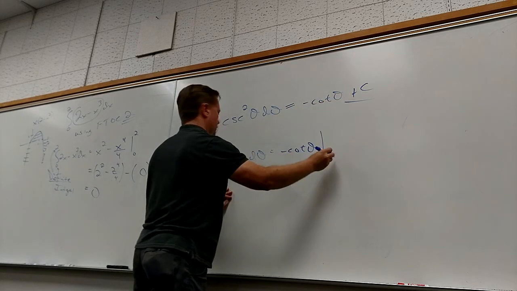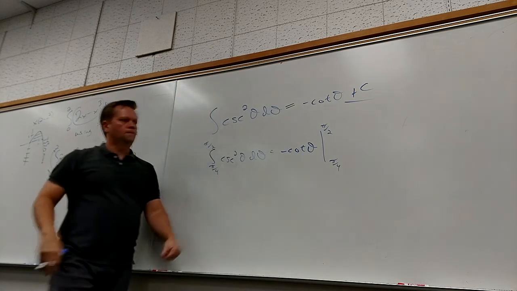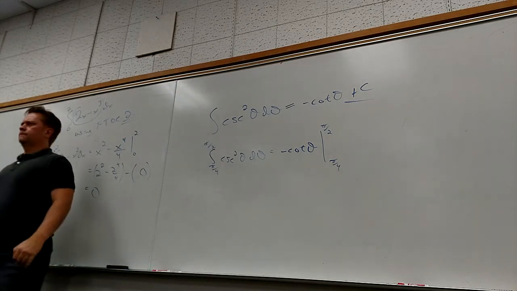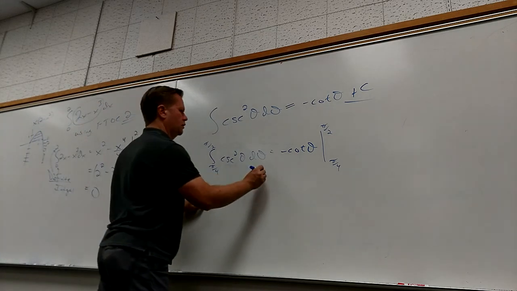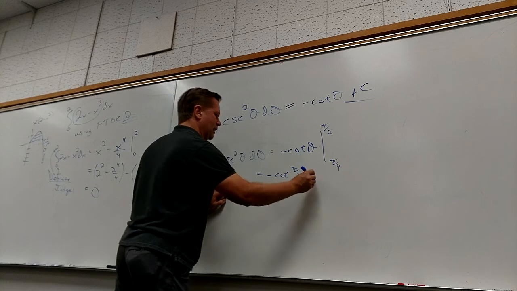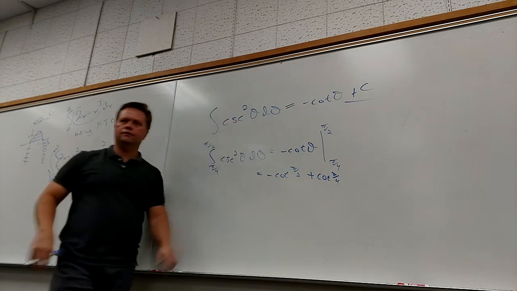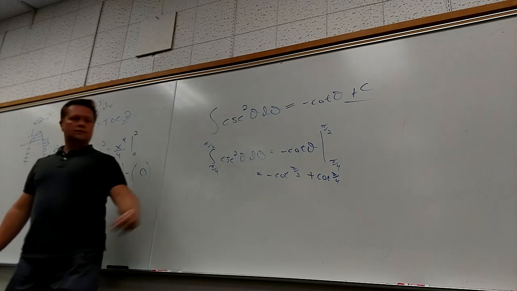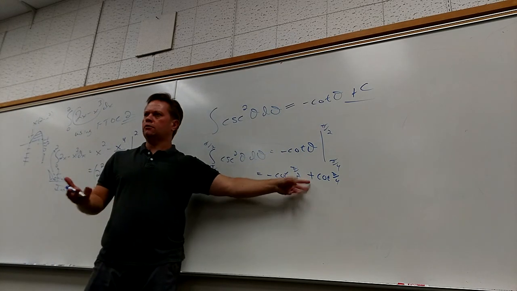No. I want to go from pi over 4 to pi over 2. So this would be negative cotangent pi over 2 minus negative cotangent pi over 4, and people get tripped up by negatives and stuff. It's this evaluated at this minus this. Okay, that's going to be plus now.